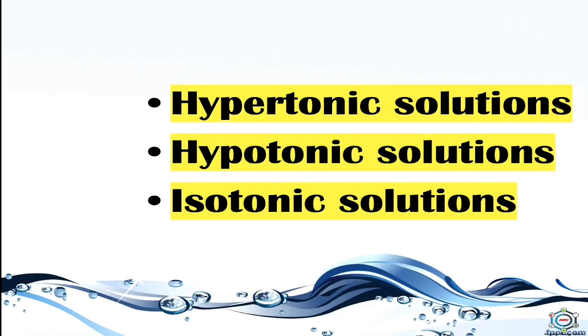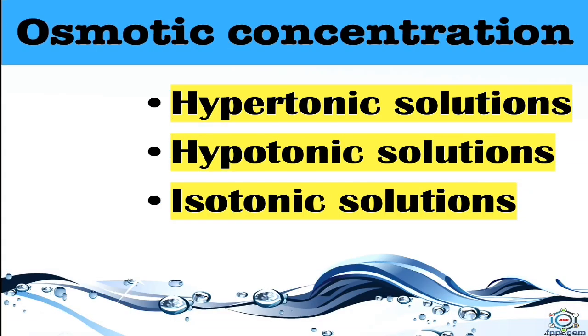After this, you can see the osmotic concentrations. You can know it as tonicity. Tonicity is the measure of the osmotic pressure gradients of two solutions separated by a semi-permeable membrane. So, tonicity means the osmotic concentrations.